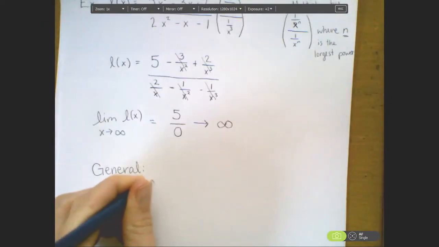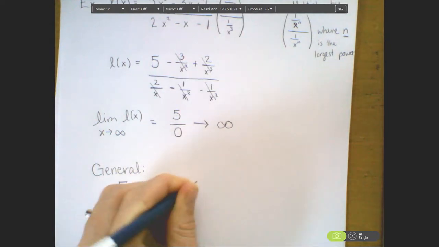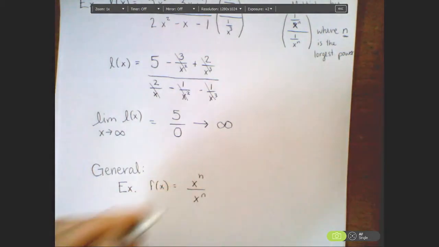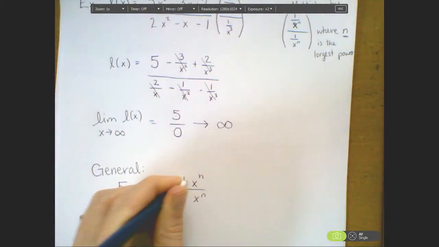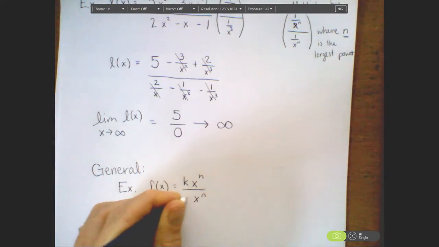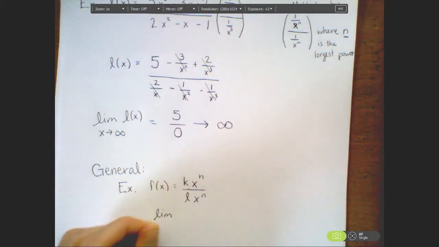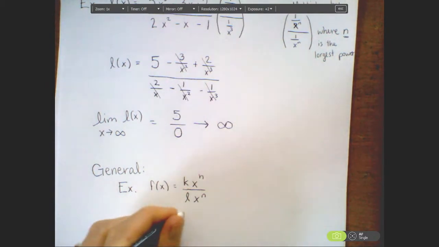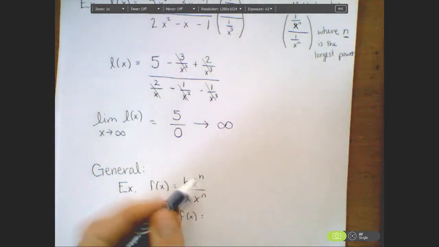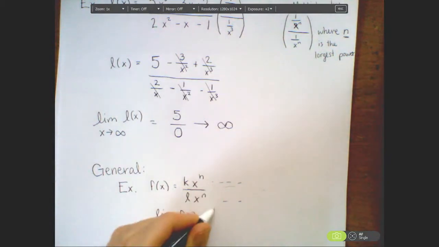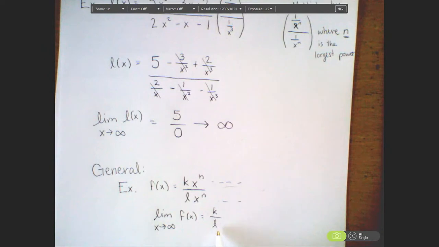If my leading terms look something like x to the n divided by x to the n, maybe I'll say kx to the n divided by Lx to the n, where these are my coefficients, we know that the limit as x approaches infinity of this function, everything else is going to cancel, and the x to the n's cancel, and I'm left with my k over L as my limit result.